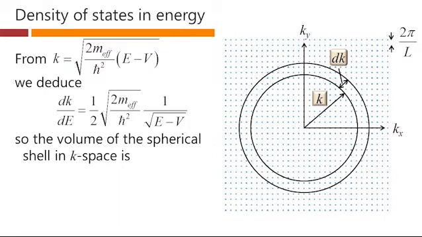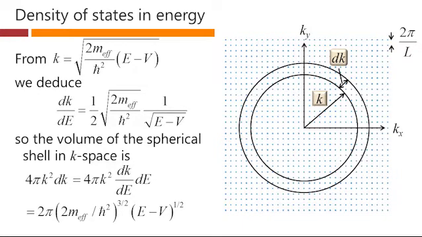So the volume of the spherical shell, the space between these two spheres here in K space, is 4 pi K squared dk. That would be the surface area of this inner sphere times the thickness, the distance between these two spheres. And we can work out what that is because we know that dk by definition is dk by dE times dE.